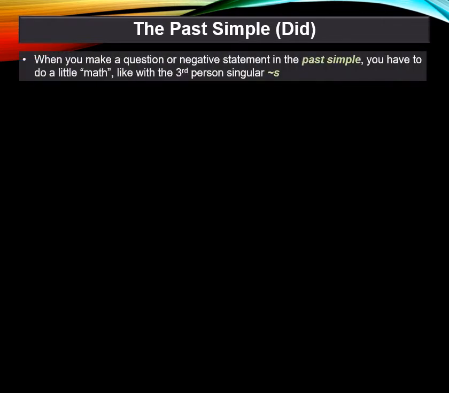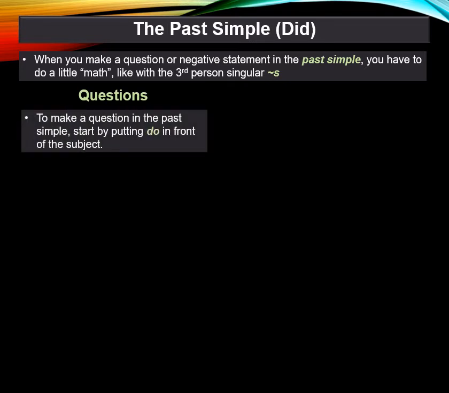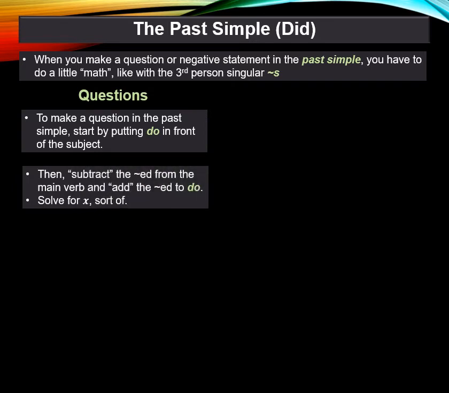So what about the past simple with did? When you make a question or negative statement in the past simple, you have to do a little math just like with the third person singular s. So for a question, start by putting do in front of the subject, then subtract the ed from the main verb and add the ed to do.